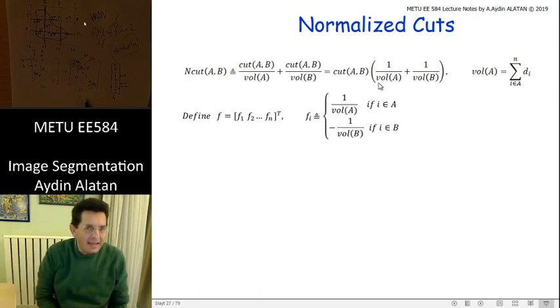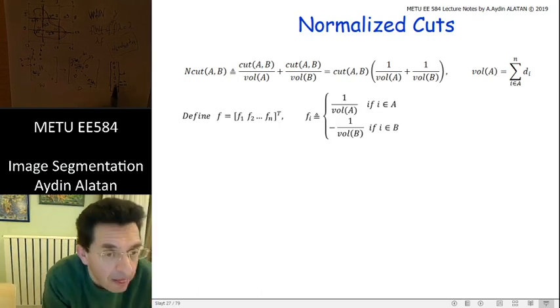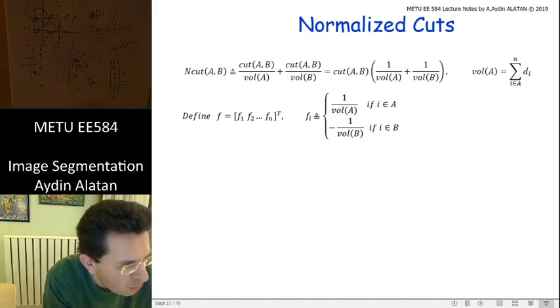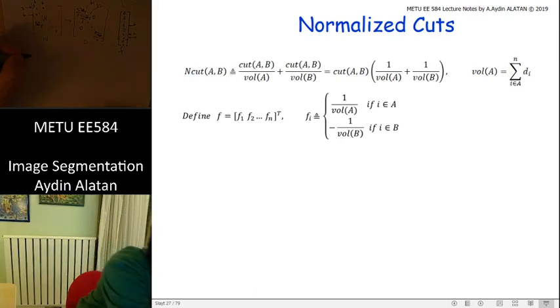Now, let's define an F different from this one. Let's call 1 over volume A as alpha and minus 1 over volume B as beta.